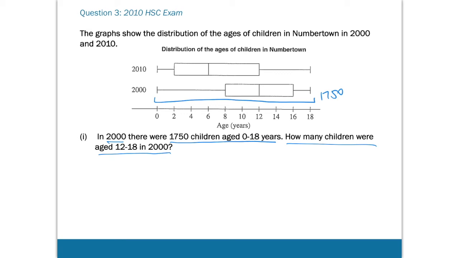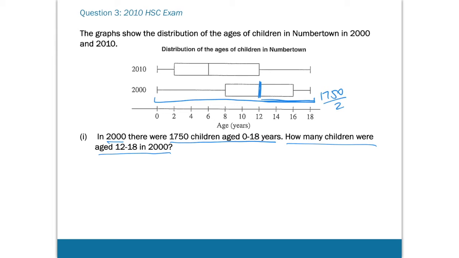We need to find how many children were aged 12 to 18 in 2000. So 12 to 18 is from here, our median, because we know this is 50% of scores, to here. So this is age 12 to 18. Basically all we do is find 50%, so half of 1,750.